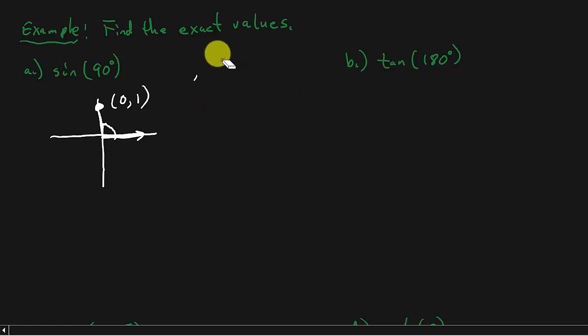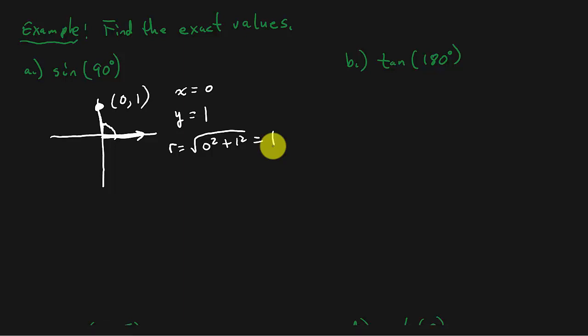All right? So, when we look at this, we see that x is equal to 0, y is equal to 1, and r is the square root of 0 squared plus 1 squared, which is 1. Okay? So we know what?